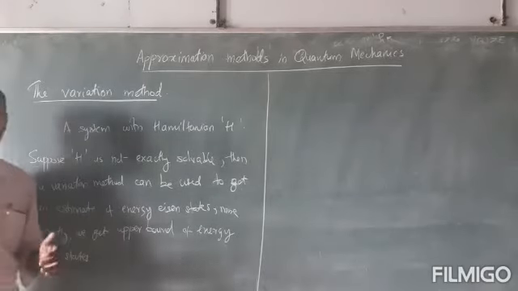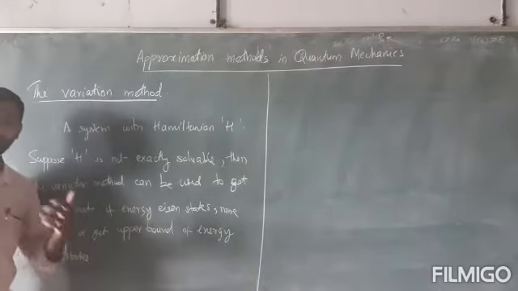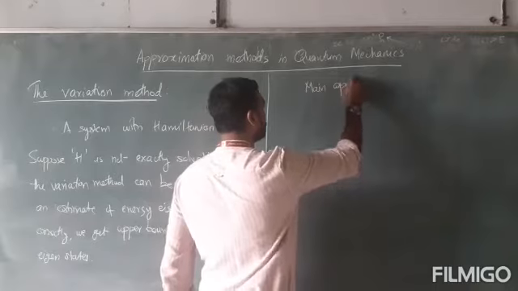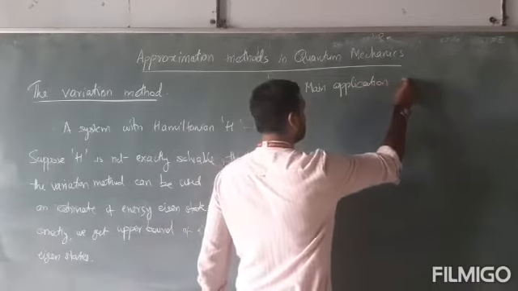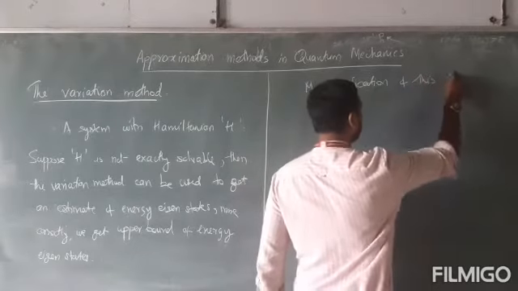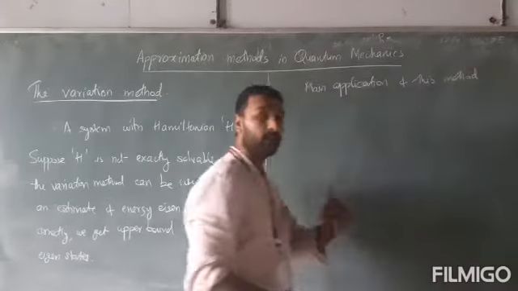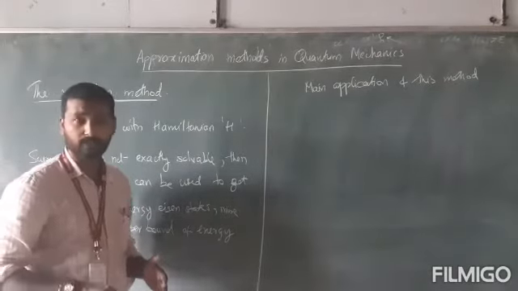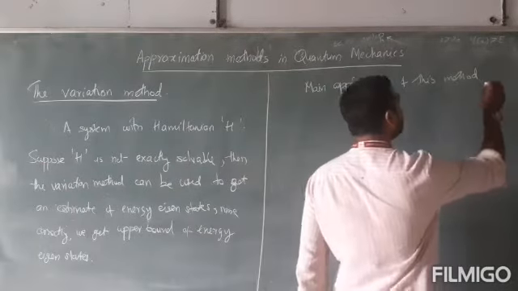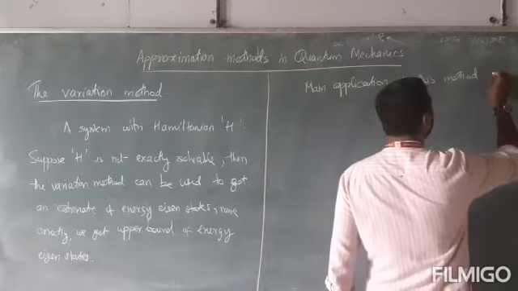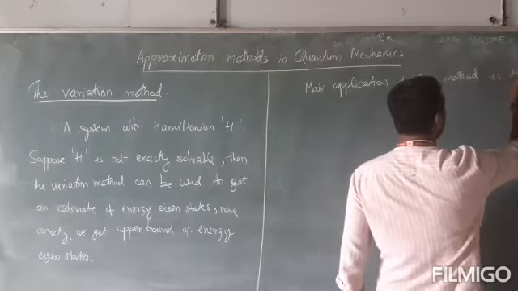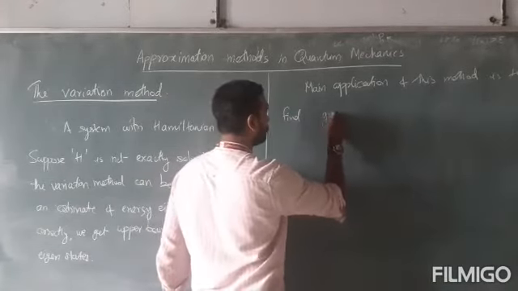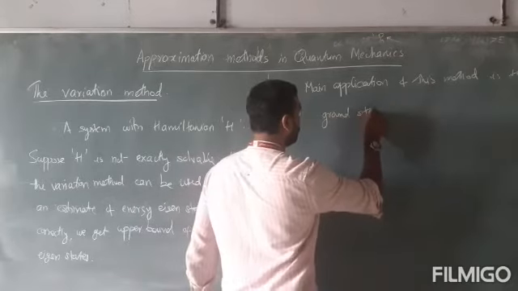Now the main use of this variation method is to find the upper bound of the ground state energy. Although we can find the upper bound of all energy eigenvalues, it is mainly used to find the ground state.